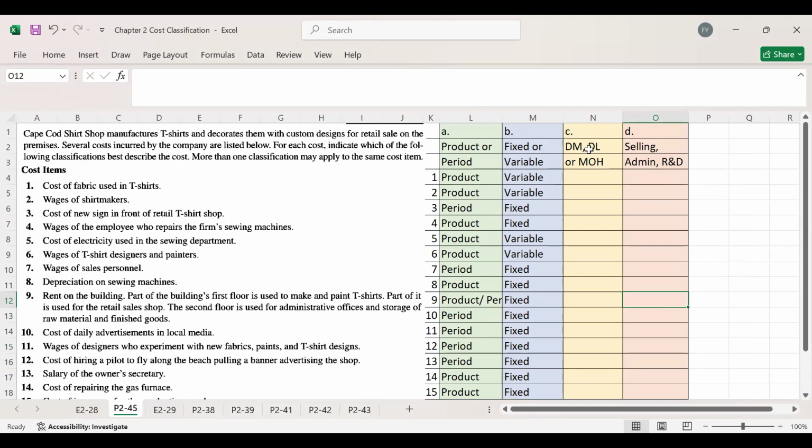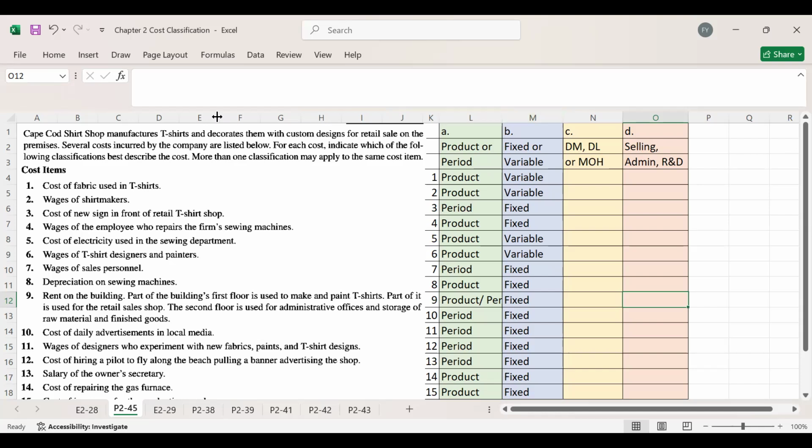Now we are going to classify it into direct material, direct labor, or MOH. If it is a product cost, we can classify it into direct material, direct labor, or MOH. And if it is a period cost, then it may be classified into selling, admin, marketing, or R&D, that is research and development cost.